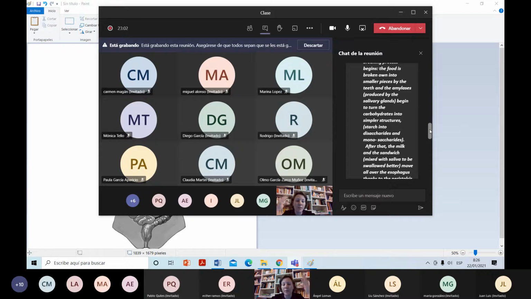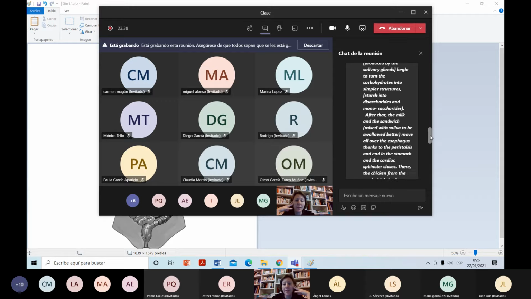In this example, where do I find this starch? Well, starch will be a component of the bread in the sandwich. So I would like you to explain somewhere that this starch is present in the bread in the sandwich. This starch is broken down into disaccharides, not monosaccharides yet, only disaccharides in the mouth.